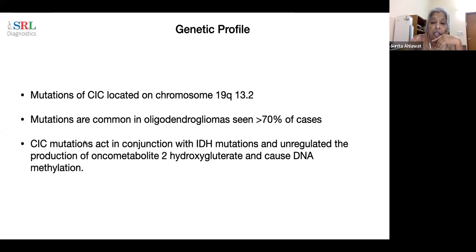This CIC mutation acts in conjunction with IDH mutations and results in unregulated production of the oncometabolite 2-hydroxyglutarate, and this causes DNA methylation, and the same pathogenesis is supplemented by the CIC mutation.